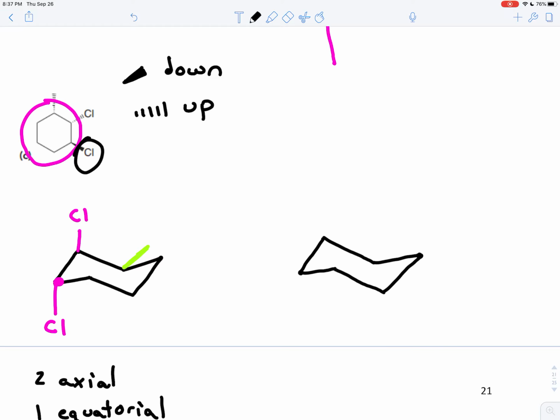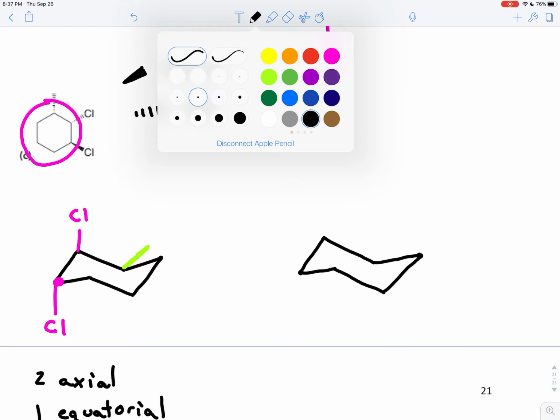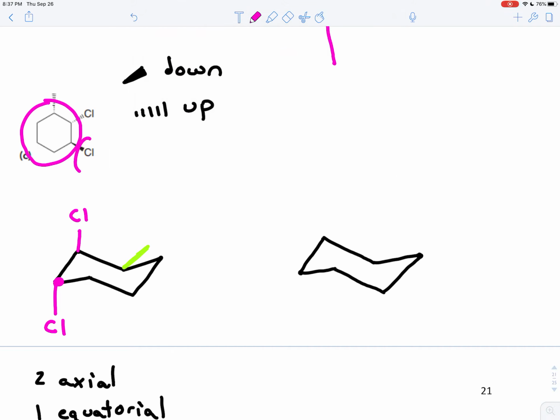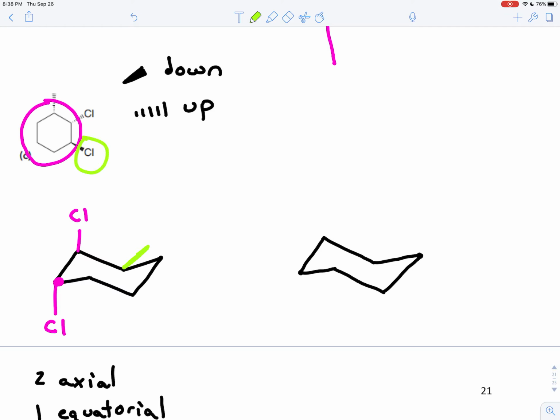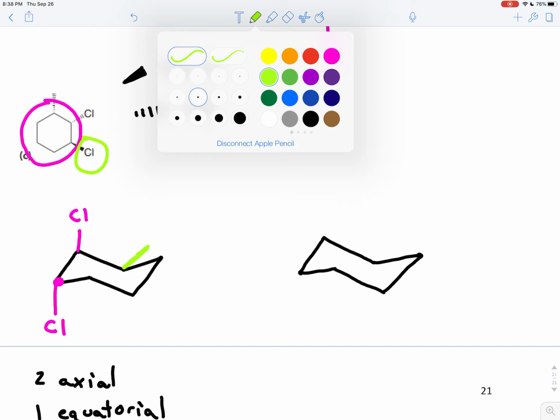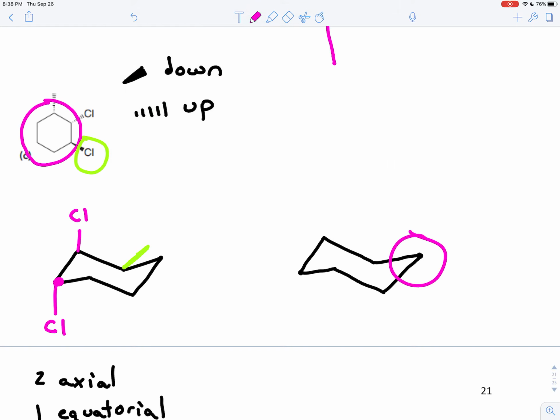We started the previous one by assuming that this would be axial, and so we drew it axial. What if, instead of axial, this carbon is equatorial? How would we draw that? Well, remember our guideposts. The side of the ring that points up, we have axial up. The side of the ring that points down, we have axial down.